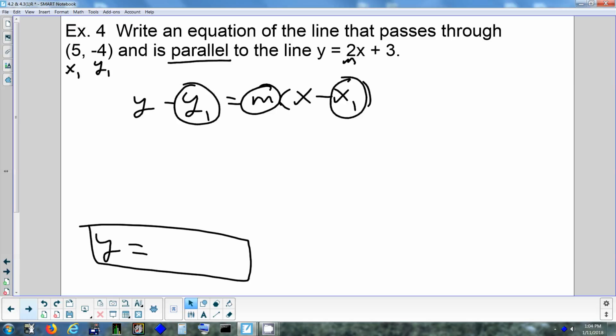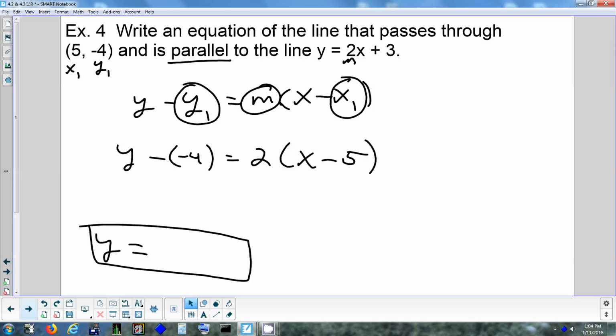Okay. So now, because it's parallel, we're going to use exactly the same slope. Because if we use the same slope, it should come out parallel. So m is negative 2. What is y1? Negative 4. And x1?